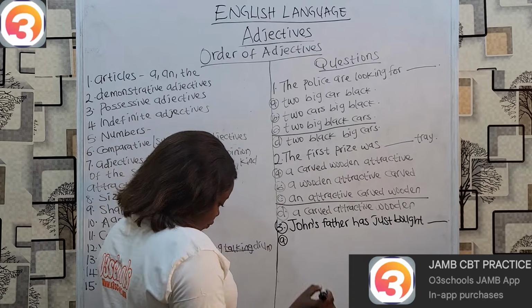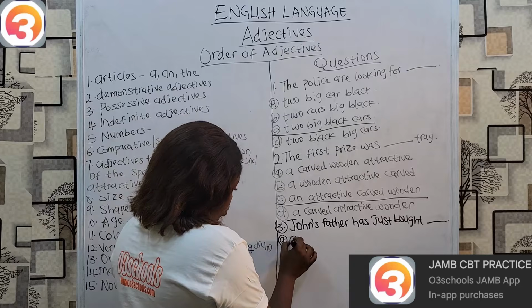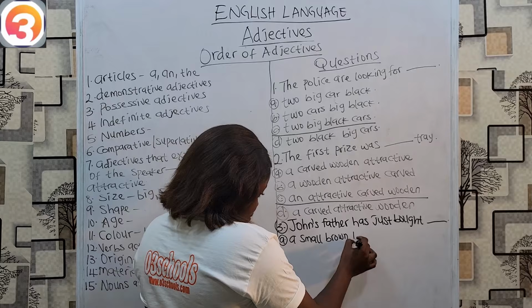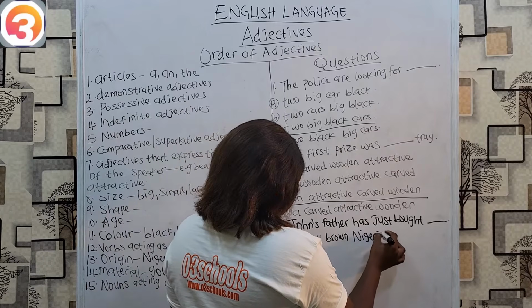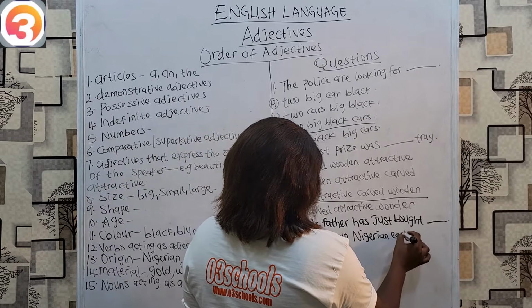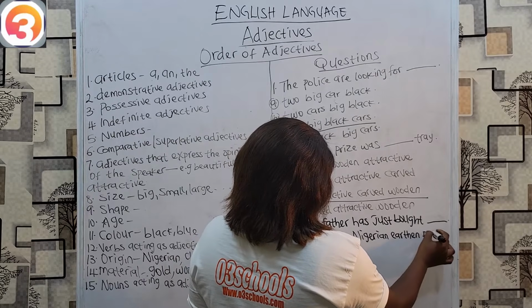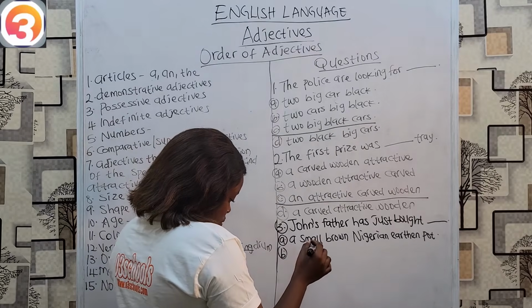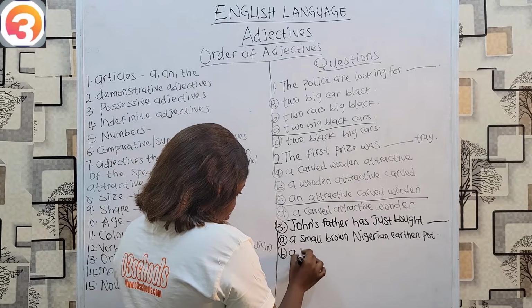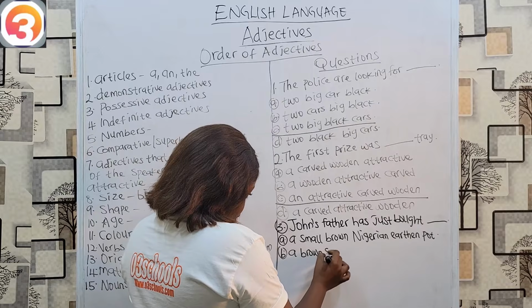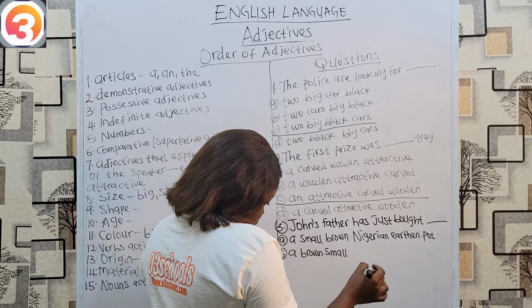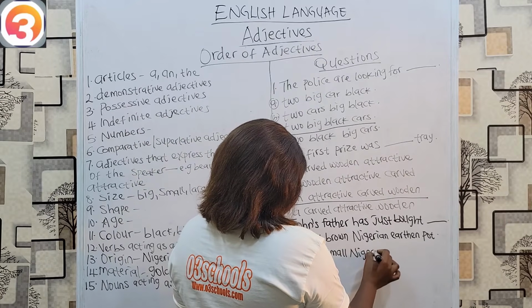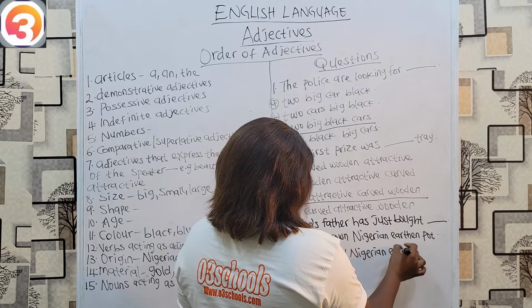First option, we have a small brown Nigerian earthen pot. B, a brown small Nigerian earthen pot.